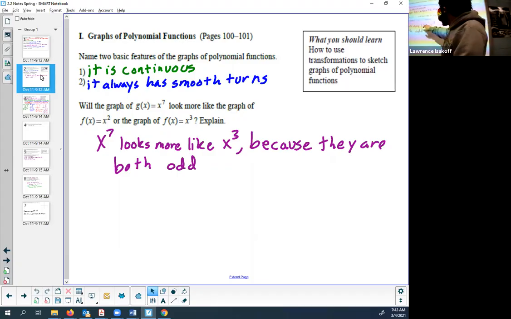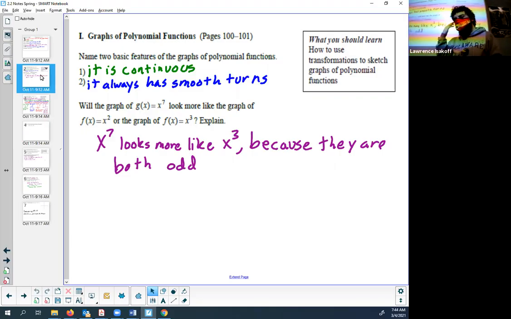I'll still explain it graphically. I forgot to erase that part. I did want to write that down with you guys. That was my fault. Will this graph of x to the 7th look more like x squared or x cubed?